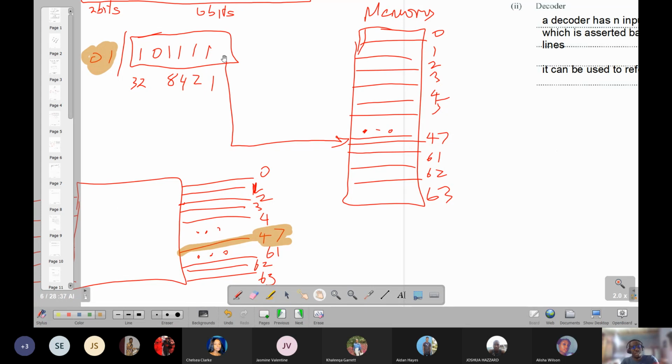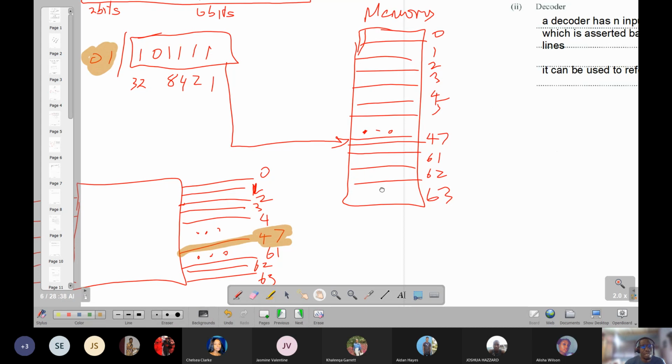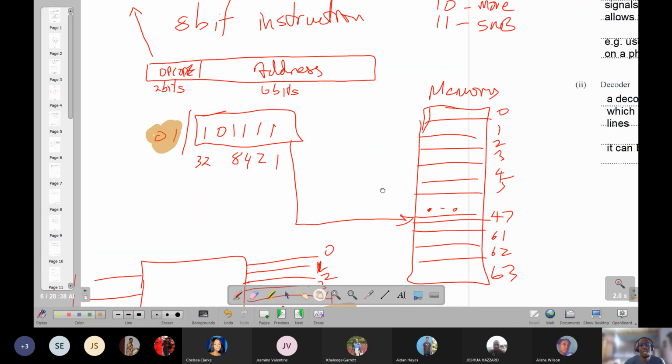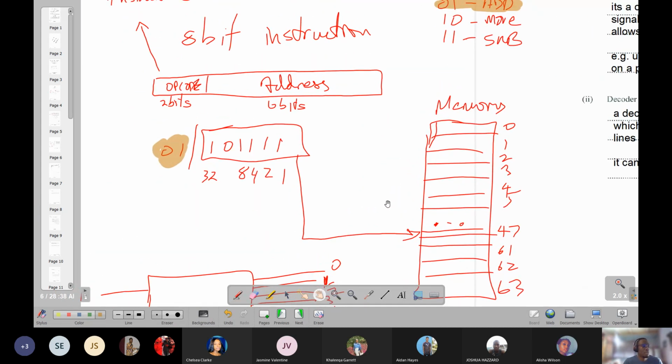Or, if you want to use the line, it will give me a direct line to accessing a particular location in memory. That's the decoding. So that once you access that data in the fetch, decode, execute cycle, you could now execute that instruction. Is that fine?